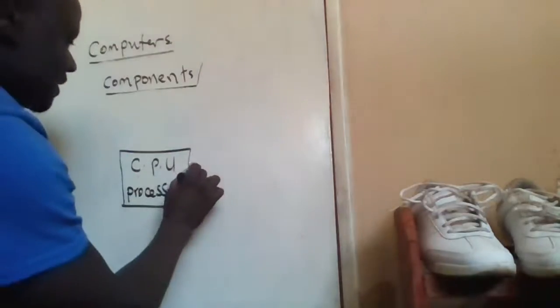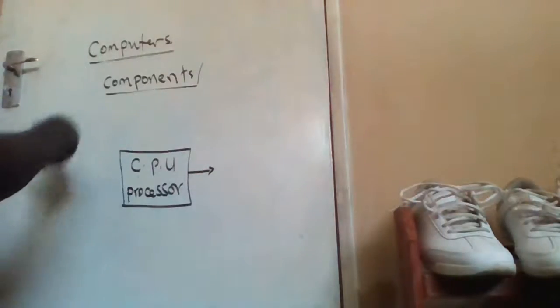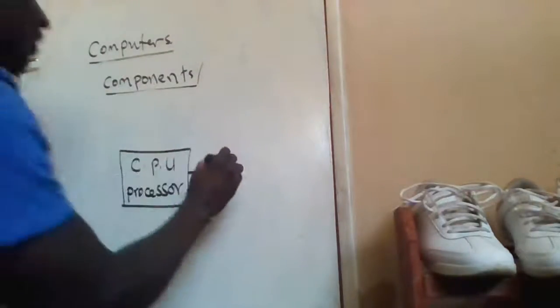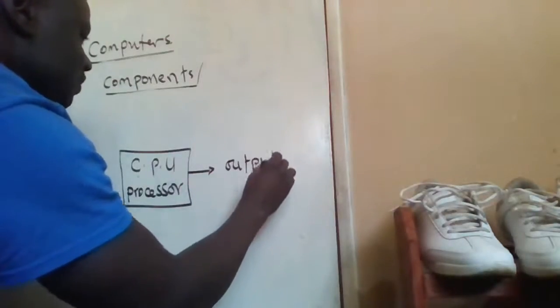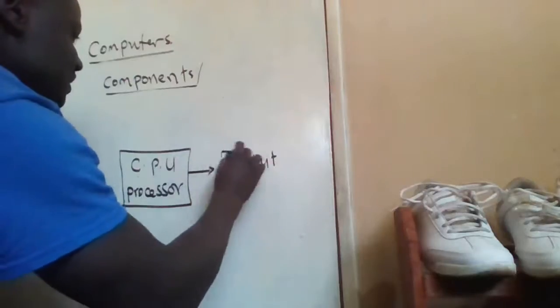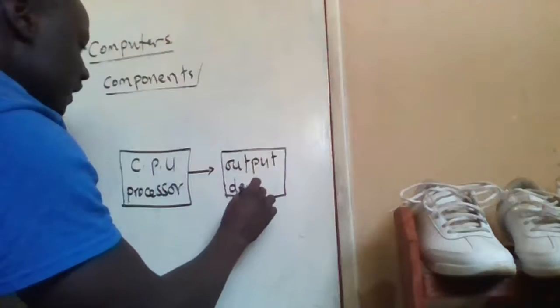And then this CPU is able to take the information out of itself, taking it outside, which we can call output, one of the processes that we looked at. The devices that are able to output, we call them output devices.